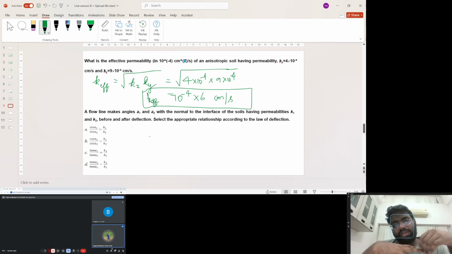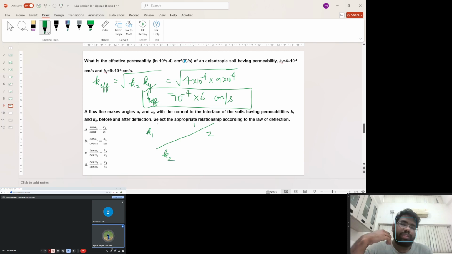So select the appropriate relationship according to the law of deflection. Now we have an interface between two soil layers. This is soil layer 1 and this is soil layer 2, and this has a permeability of K1 and this has a permeability of K2.